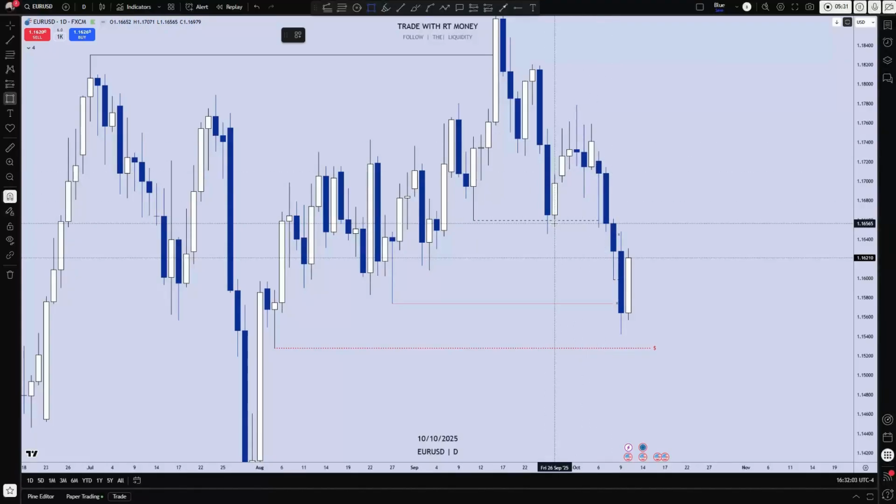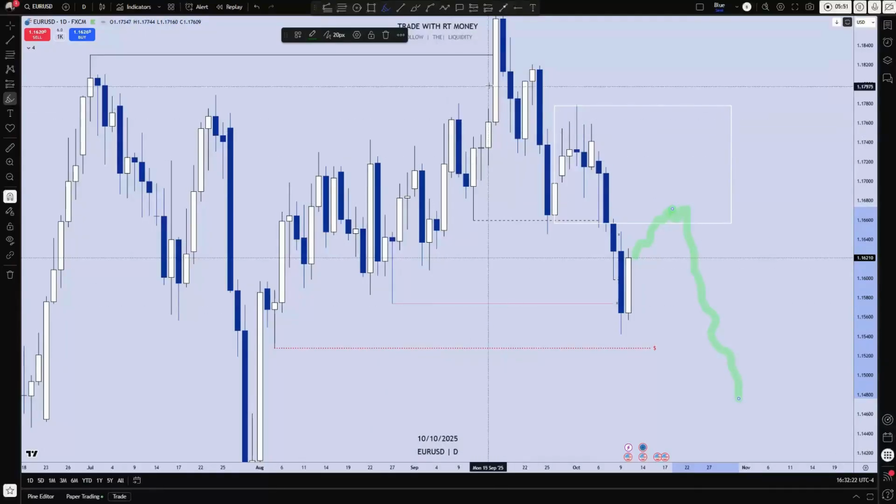So I am looking at this area as an area of fair value that price could come back and trade into, find resistance, and then continue down as it's been making lower lows and lower highs. Got it? I'm thinking we'll find that lower high somewhere around there and pull down.